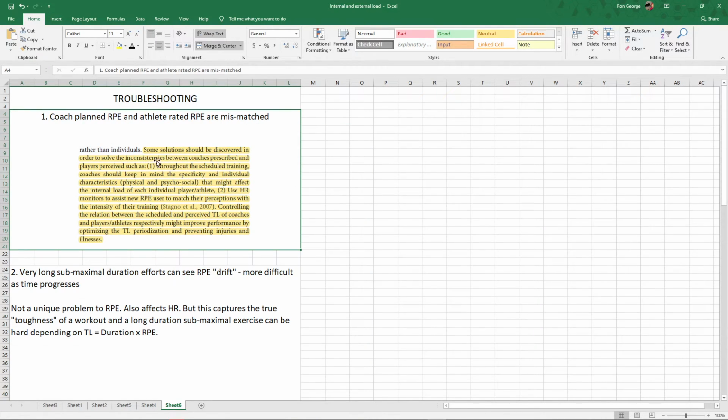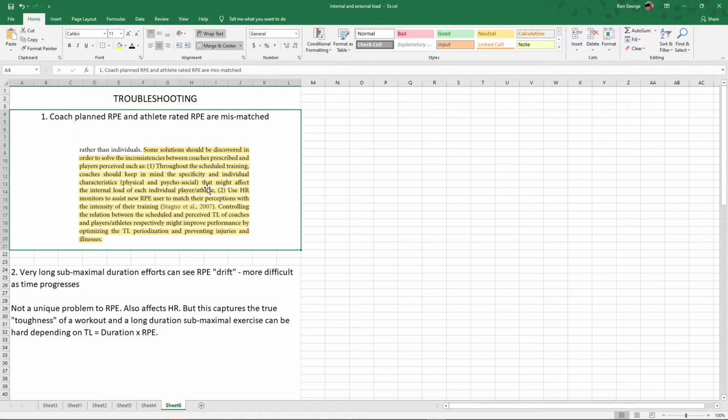And there's a neat paper that I found which addresses this topic, and I'll read it out. Some solutions should be discovered in order to solve the inconsistencies between coach prescribed and player perceived RPE, such as throughout the scheduled training, coaches should keep in mind the specificity and individual characteristics that might affect the internal load of each individual.